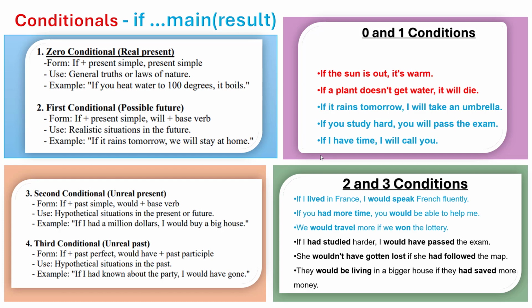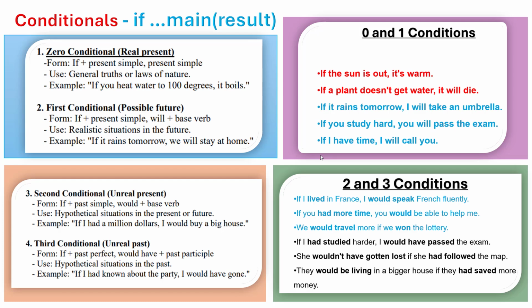In the first conditional we have three examples in blue, as you can see. If it rains tomorrow, I will take an umbrella. Something in the future, and it's a real future. If you study hard, you will pass the exam. If I have time, I will call you.